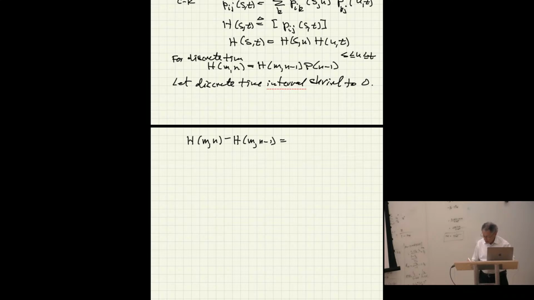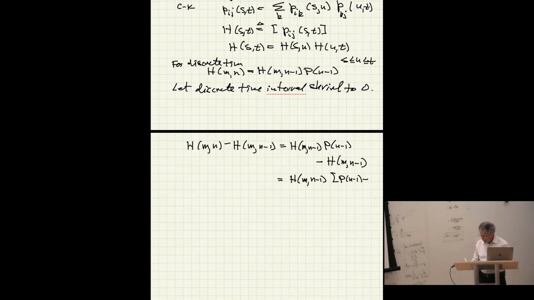That's H of m and n minus 1 times P of n minus 1. That's what I had upstairs. Minus the second term, namely matrix of m and n minus 1. And in matrix form, that right-hand side is simply H of m and n minus 1 times P of n minus 1 minus what? I need you to say it. Yes, minus the identity matrix.